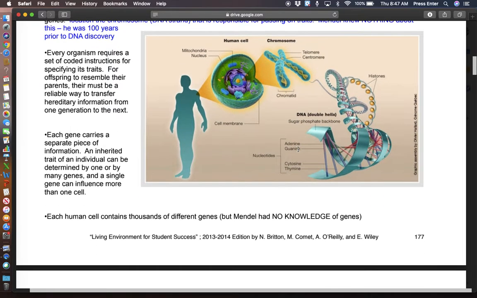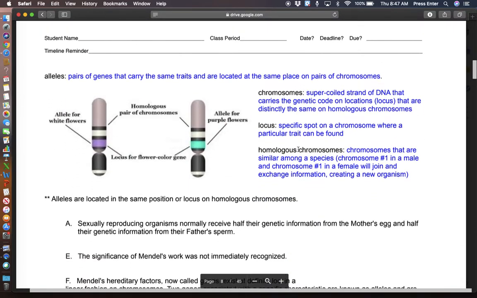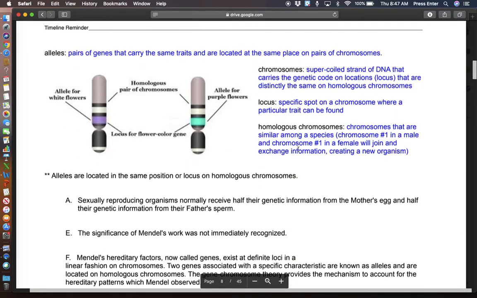Okay, we're going to move on. Next page, alleles. Alleles are pairs of genes that carry the same trait and are located in the same place on the pair of chromosomes. So when your birth mother and birth father exchanged chromosomes upon fertilization, the dominant gene or the recessive gene was in the same exact place on mom's chromosome number 3, let's say, and dad's chromosome number 3.